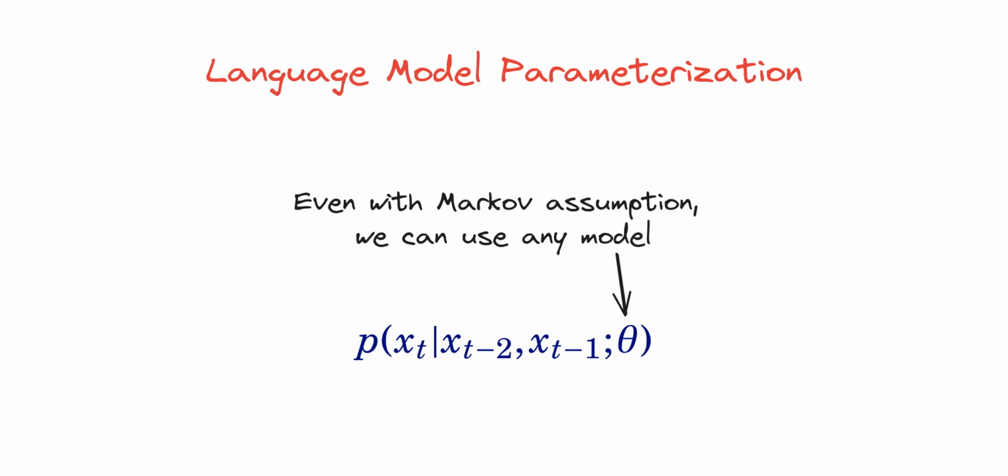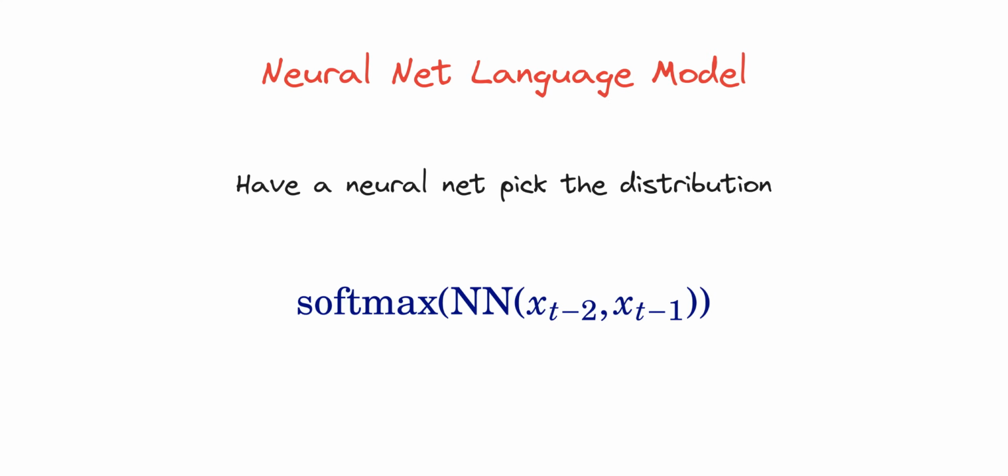So for this section, we're going to dive into the data. We're going to try to understand better how to create a neural network that can power the probabilistic model that predicts the next word. To do this, let's go back to our Markov assumption and assume we're only looking at the previous two words, but get to utilize a neural network to make the next word prediction. To do this, we're going to use the following functional form.